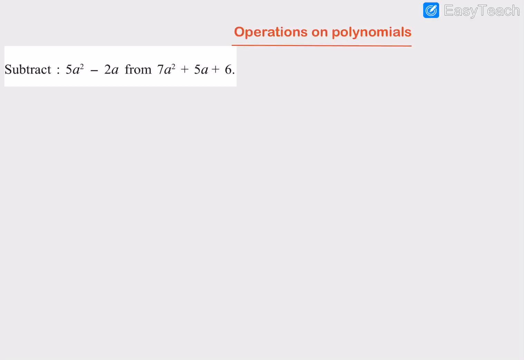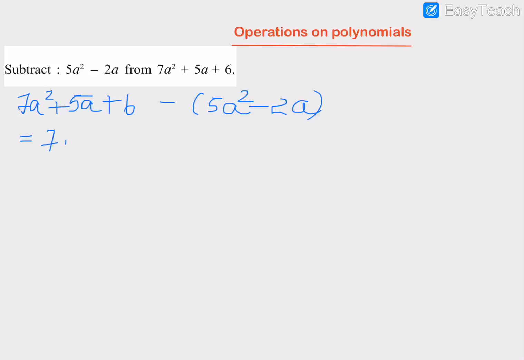We have to subtract 7a square plus 5a plus 6 minus the bracket 5a square minus 2a. That is, to subtract this term from this. So first we can open the bracket by multiplying the negative sign to each of the terms inside the bracket.